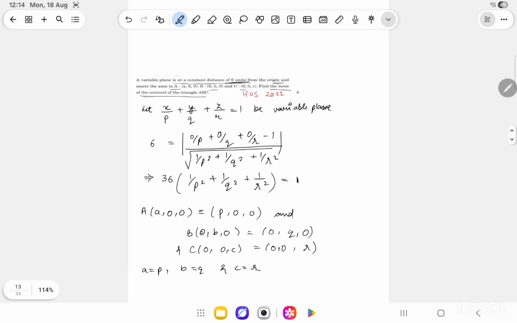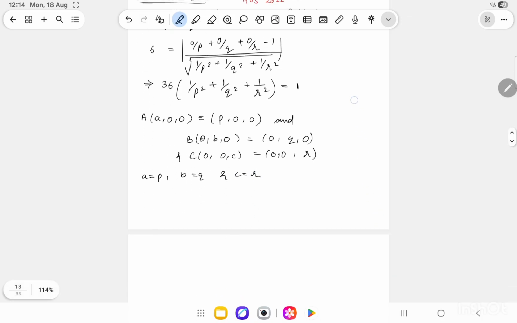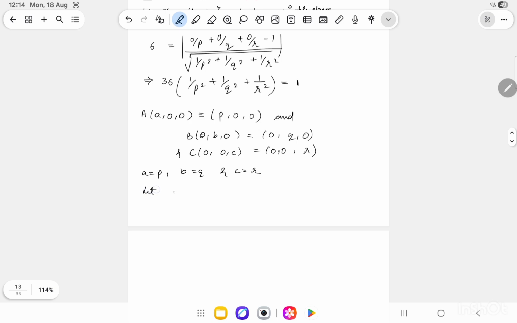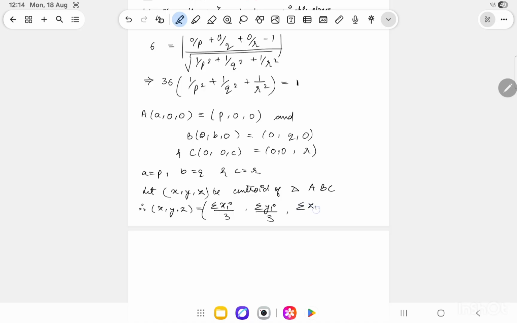So further it says find the locus of centroid of triangle ABC. So let x comma y comma z be the centroid of triangle ABC. Therefore x comma y comma z equals summation xi upon 3 comma summation yi upon 3 comma summation zi upon 3, where i varies from 1 to 3.